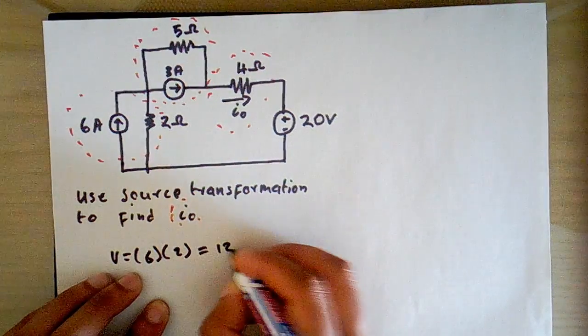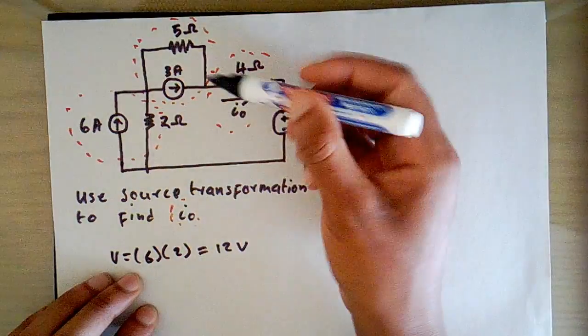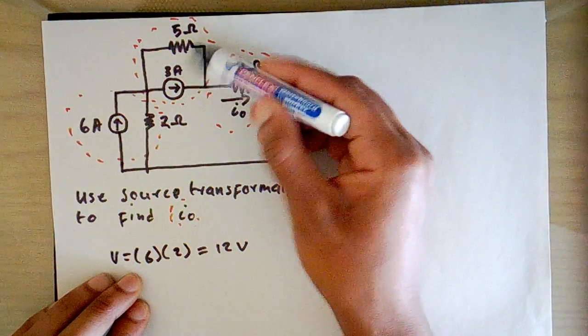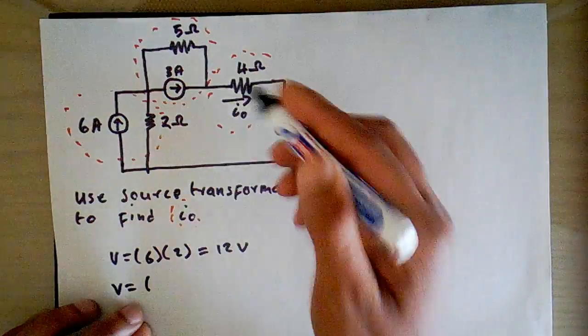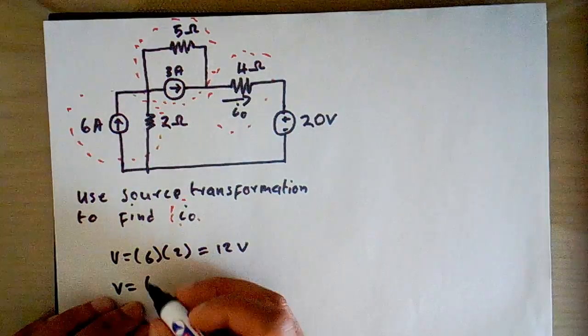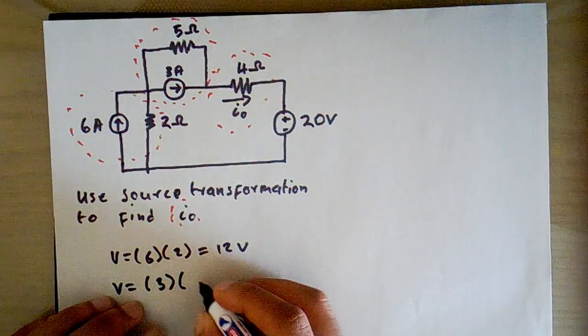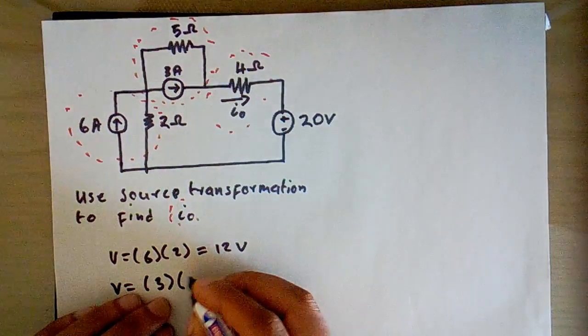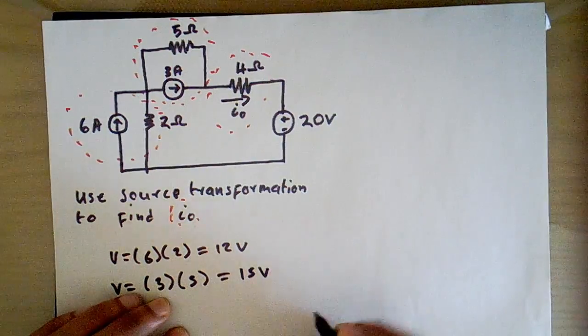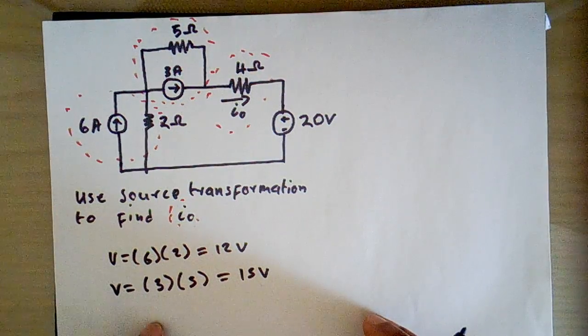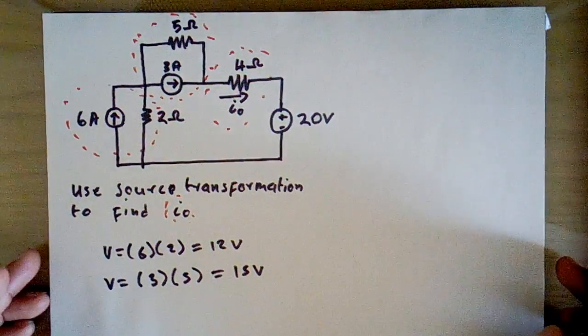This will give you 12 volt. And for this one, to find the voltage source here, our current is 3, multiplied by the 5 ohm resistor, which is 15 volt. And now we have our new voltage sources.